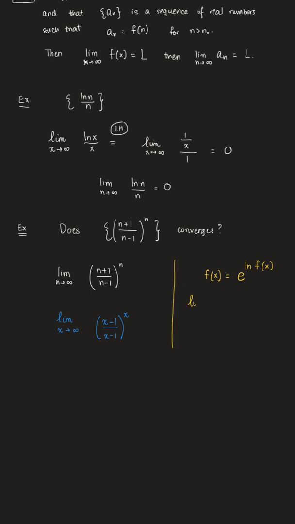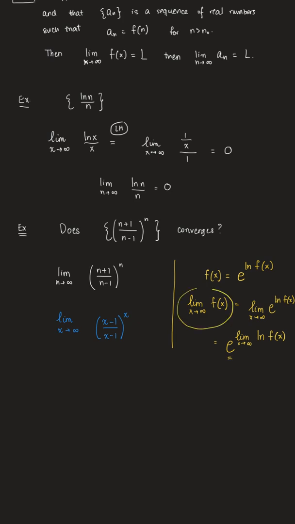So if I take the limit as x approaches infinity of f of x, that's the same thing as taking the limit as x approaches infinity of e to the natural log of f of x. Now, since e is a continuous function, I can take that limit inside of the function, figure out what that limit is of the natural log of f of x, and then apply e to get the actual limit of the function.